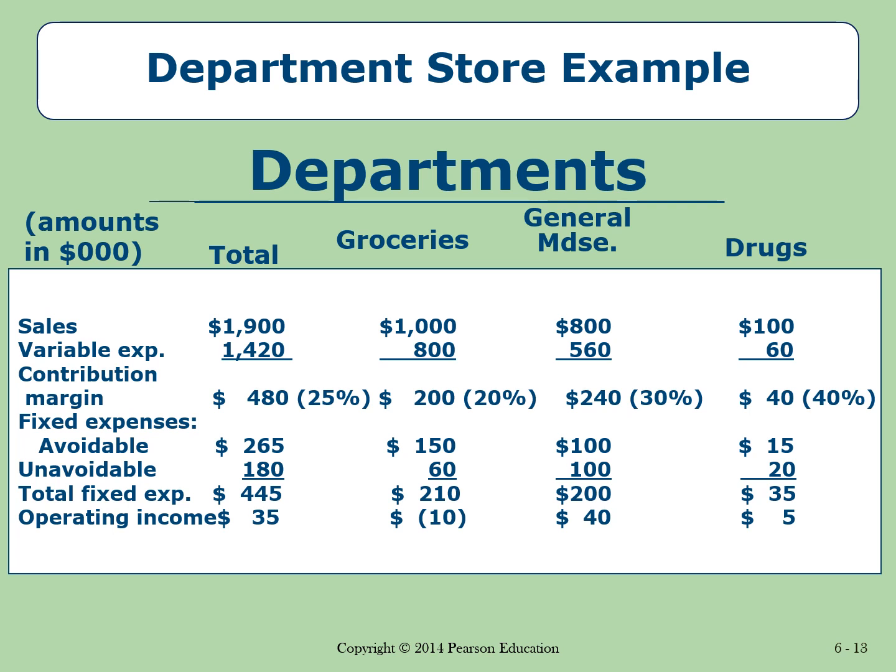We have a total, a grocery department, a general merchandise department, and a drugs department, and the total shows an operating income of 35. But of course we will find that we have a problem. This problem is that the grocery department is suffering losses of 10.